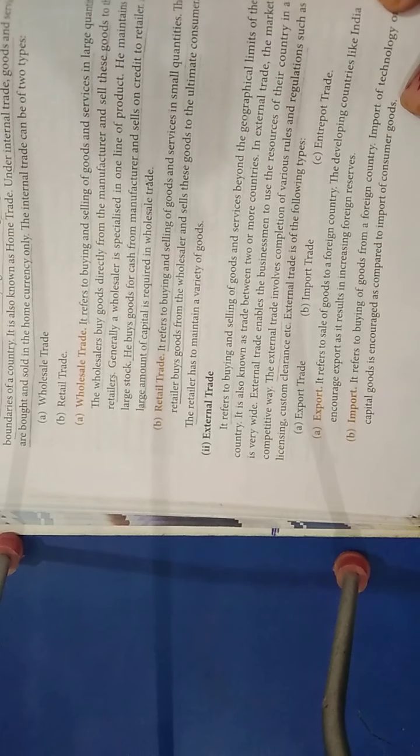And there is so much competition in external trade because so many different companies of different countries are there. Competition will be there and they have to follow rules and regulations. In external trade, a businessman has to follow some rules and regulations, like licensing, customs clearance, and many other things, because the trade is going on between different countries.